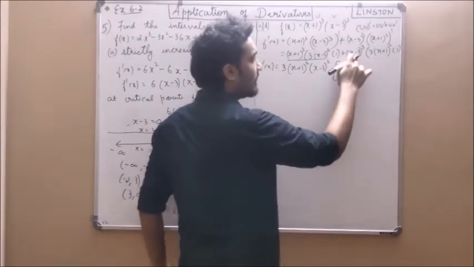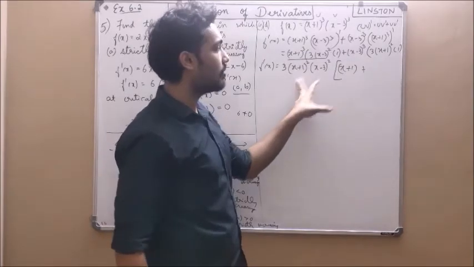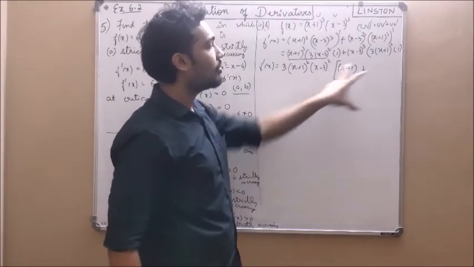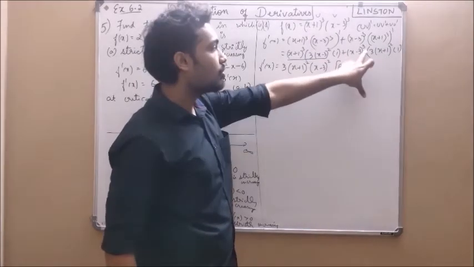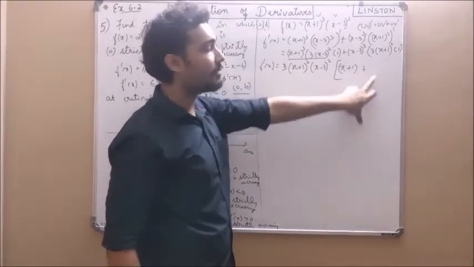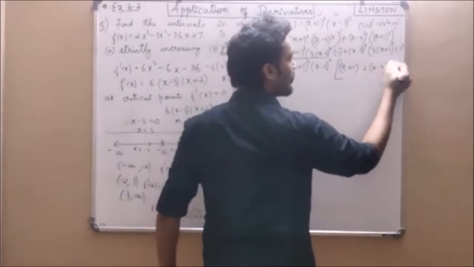Plus, from the second term we have taken 3 common, (x plus 1) squared common, and (x minus 3) squared common. What remains inside is x minus 3.